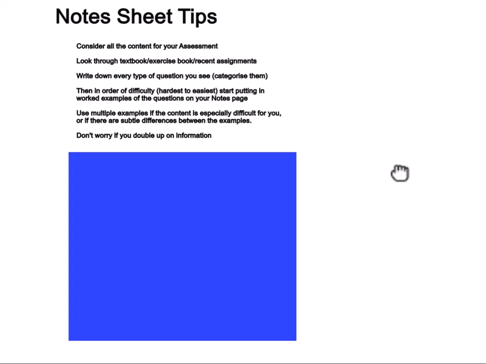For content heavy subjects, where it's more to do with content based questions, worded questions and answers, terminologies and definitions, as opposed to calculation based questions, then it might be a little bit trickier. I would discourage doubling up then. But for your STEM based subjects, when you've got to do calculation based questions, no worries at all if you have to double up a little bit, okay?